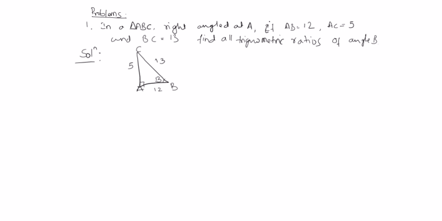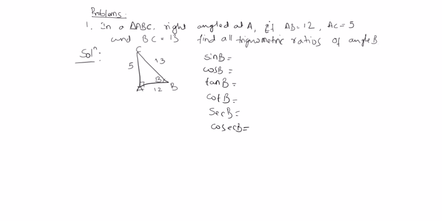All trigonometric ratios means we need sin B equal to, cos B equal to, tan B equal to, cot B equal to, secant B equal to, cosecant B equal to. So we will find them one by one.